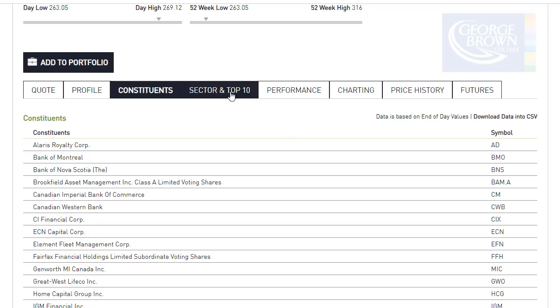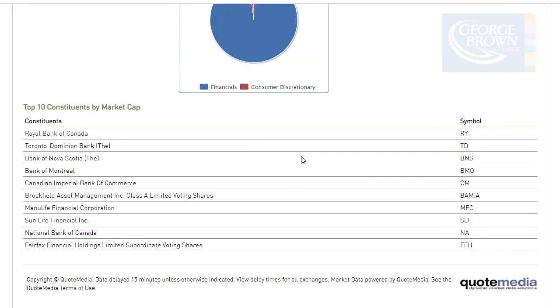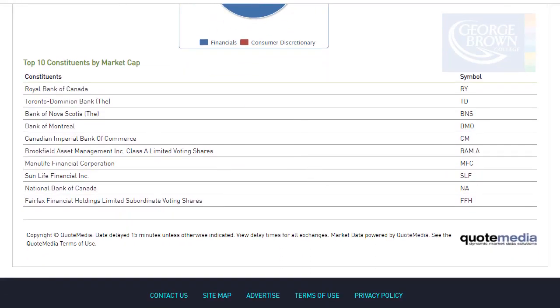So if I look at the sector in the top 10 though, and scroll down a little bit, we can see the top 10 companies. And in Canada, the top 10 companies in the financial services index are the Royal Bank of Canada, Toronto-Dominion Bank, Bank of Nova Scotia, Bank of Montreal, CIBC, Brookfield Asset Management, Manulife Financial Corporation, Sun Life Financial Corporation, National Bank of Canada, and Fairfax Financial Holdings.